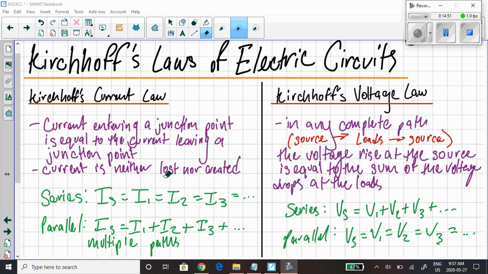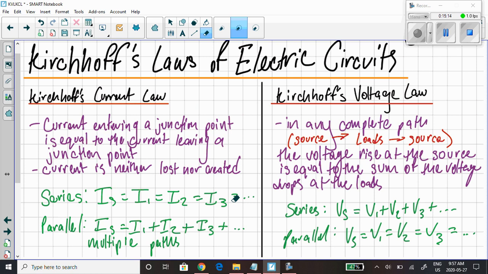Whatever current it has, it follows a single path or a set of parallel paths, and that's it. You don't lose any, you don't gain any. And when we apply this law to series circuits, we get this. Current at the source is equal to the current in the first load is equal to the current in the second load is equal to the current in the third load, and on and on if there were other loads.